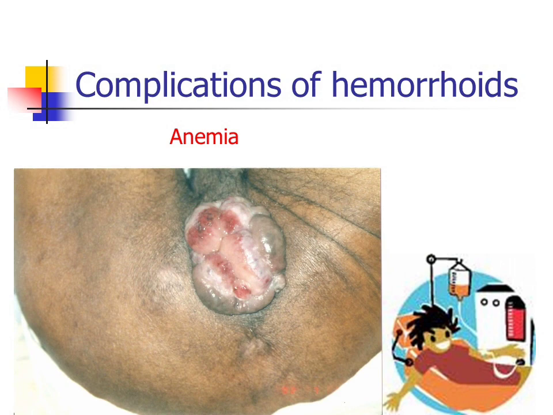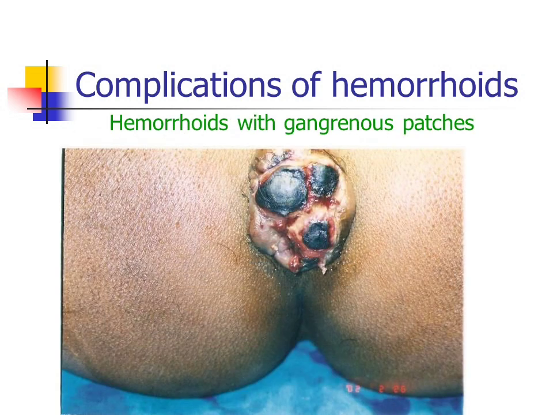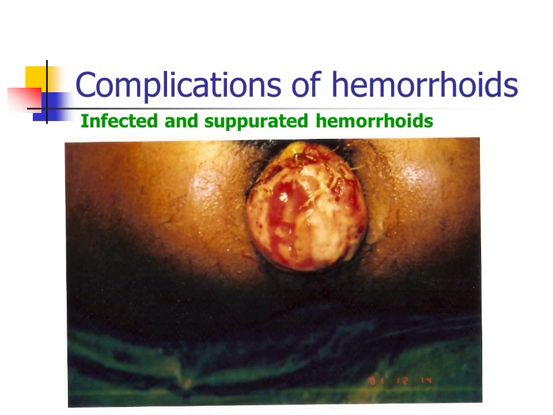Complications include anemia because of excessive bleeding, and infected and ulcerated hemorrhoids, as seen here. Hemorrhoids can become gangrenous because of prolapse and thrombosis. They can get infected and suppurated.